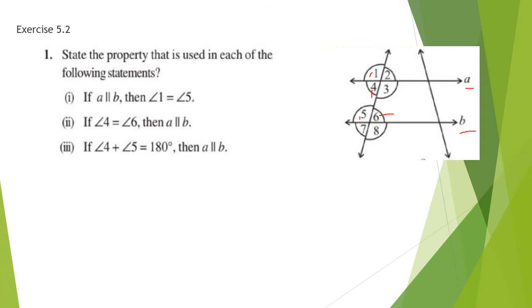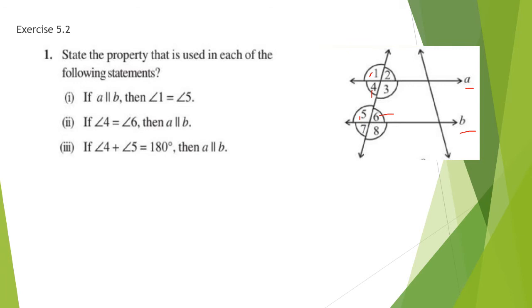You can write this in detail, or else in one word as co-interior angles. It's your choice, you can write any one answer: 4 and 5 are the angles formed on the same side of a transversal, or in a very short way, co-interior angles.